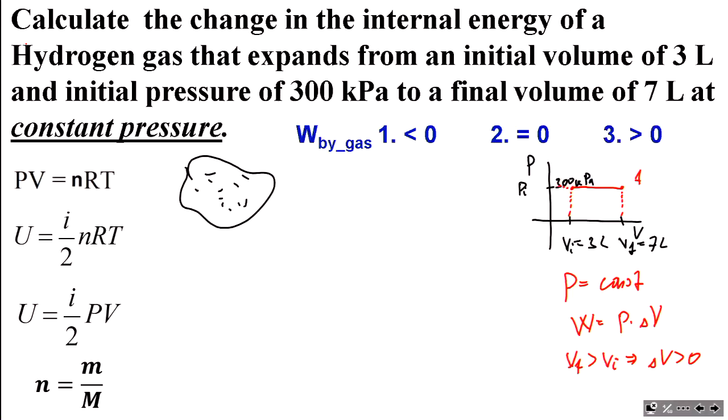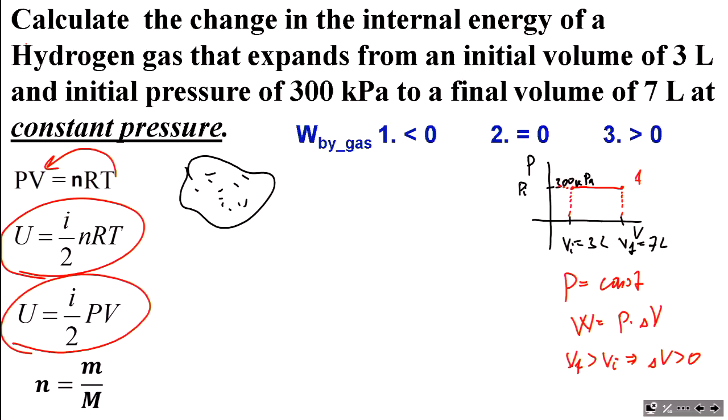Well, the first equation relates the internal energy to the temperature. And we have no information about temperature. We could get that information from the ideal gas law, but it's just easier, faster, simpler to use an equation which directly relates the internal energy, pressure, and volume.